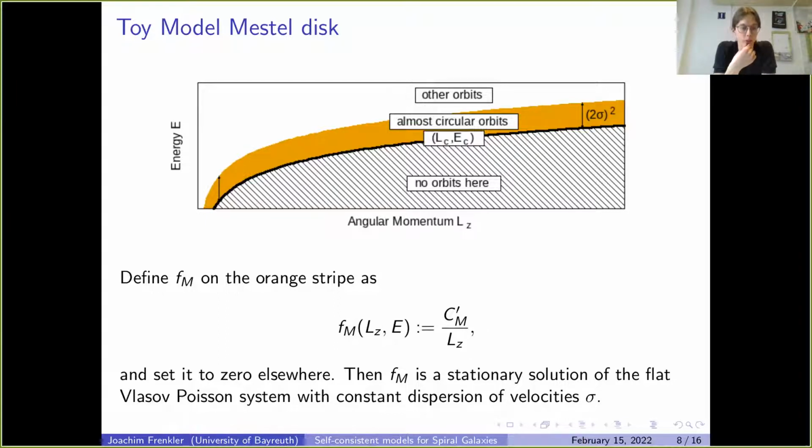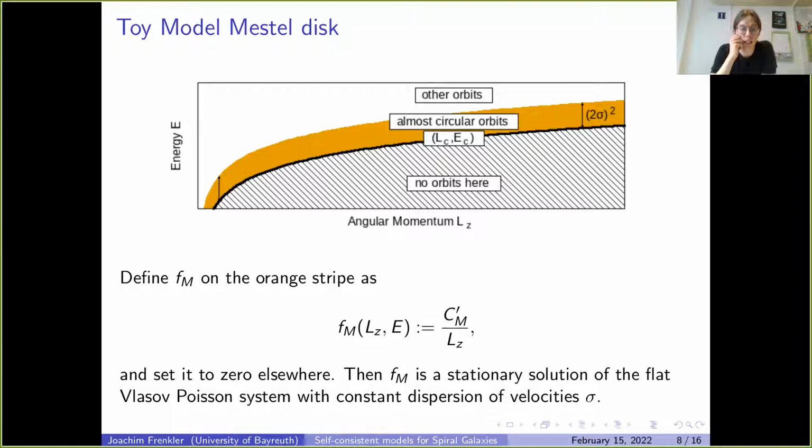And when we look at which thickness of the stripe we need to produce a certain dispersion of velocities, we see that the thickness of the stripe must be 2 times sigma squared. I sketched it on the top and in this orange stripe. I've written it down there. And if we choose the thickness of the stripe as 2 sigma squared, we always get a dispersion of velocities sigma.